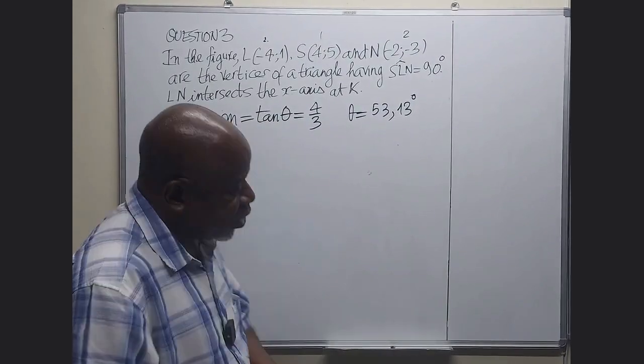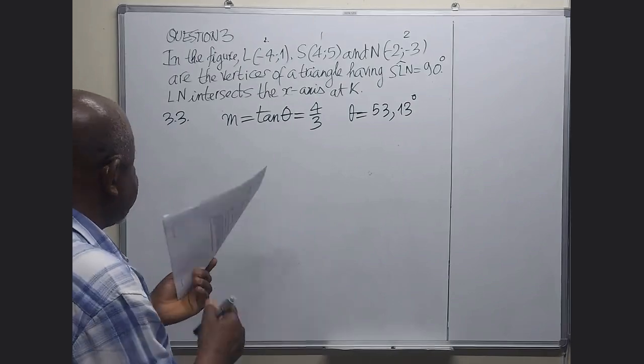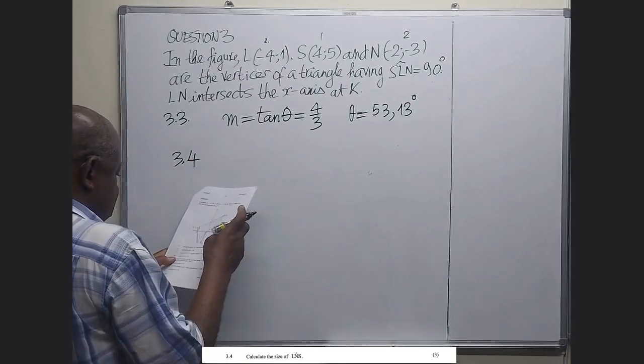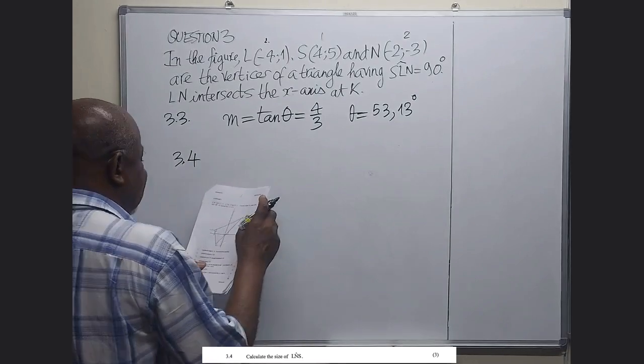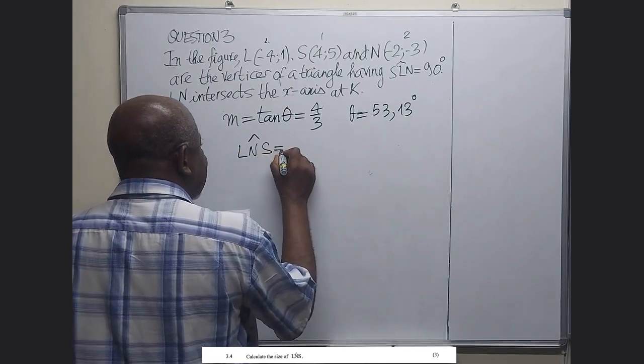After getting theta, we're going to the next question, question 3.4. They are saying calculate the size of angle LNS.